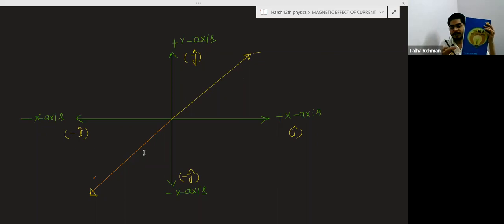If there is any other axis, it will be perpendicular to this plane, and it can be in this direction or in this direction of your screen.